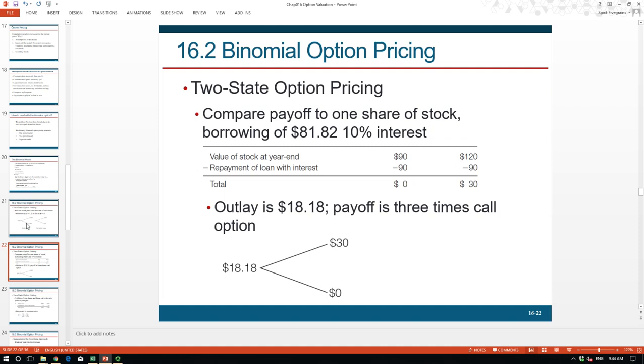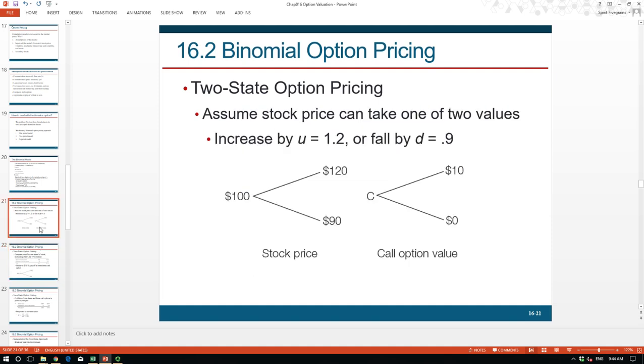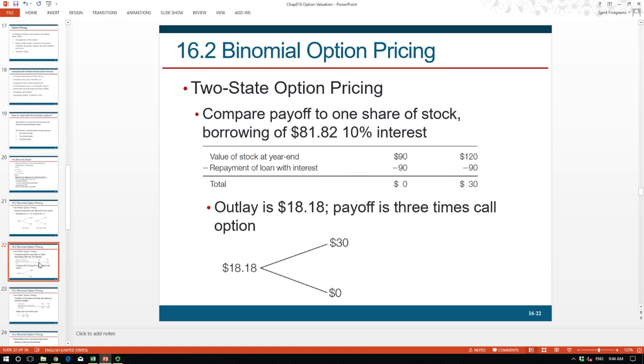So in this portfolio, if in the future the stock price equals 90, and you pay back $90, it will give you 0 value for your portfolio. But if the stock price goes up to 120, when you pay off the $90 loan, then you will get $30. Right?